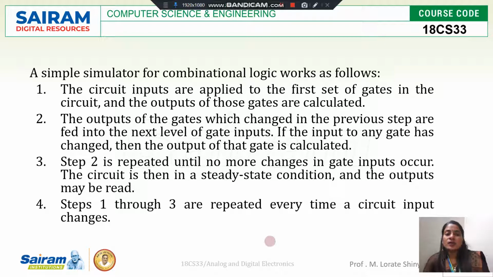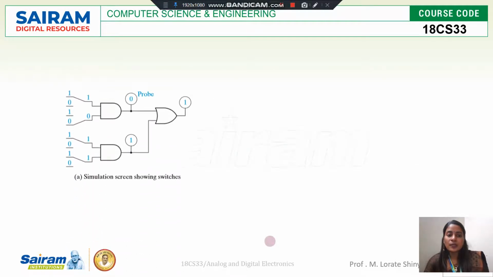A simple simulator for a combinational logic circuit works as follows. First, the inputs for digital circuits can be 0 or 1. The digital inputs are given to the first level gates. The first level gates produce the output.